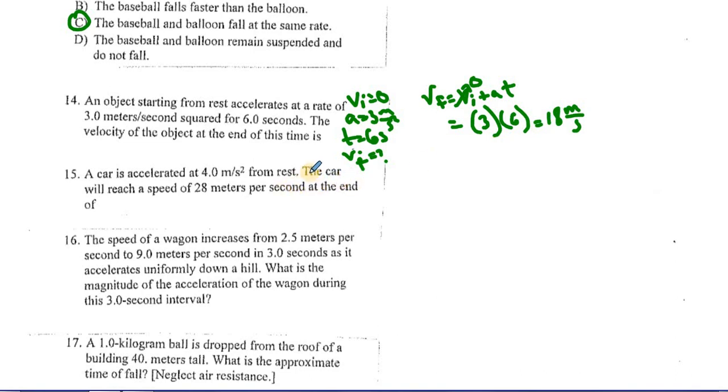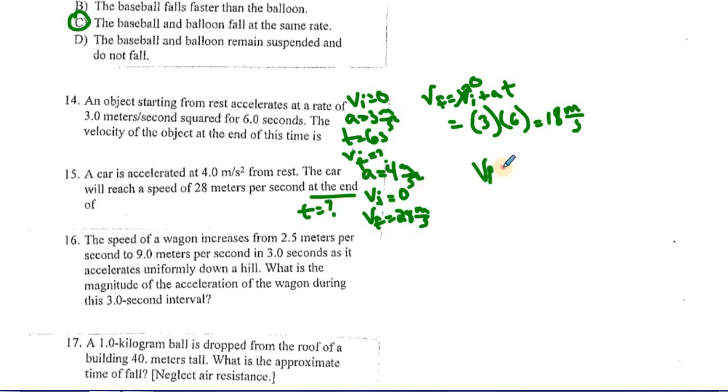All right, next one. A car is accelerating at 4 meters per second squared, so A equals 4 meters per second squared. It starts from rest, so skipped over that. That's 0. It will reach a speed of 28 meters per second. At the end of, so this is a little tricky, we're asking for a time.